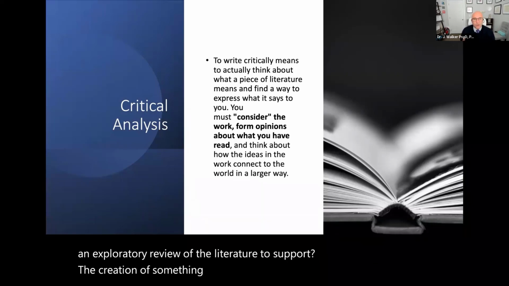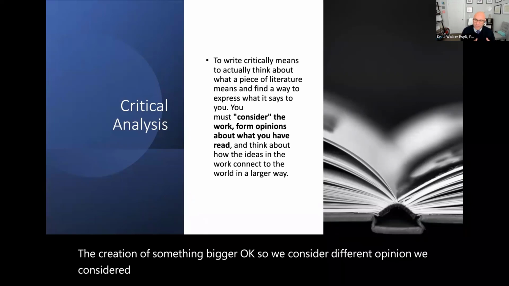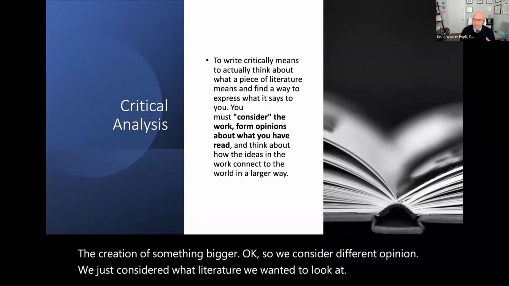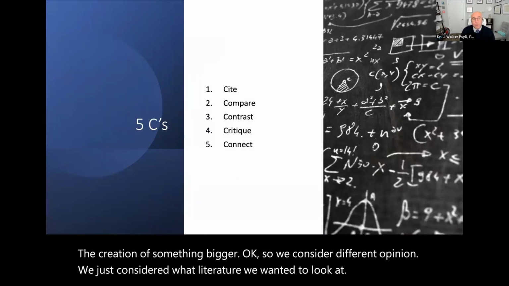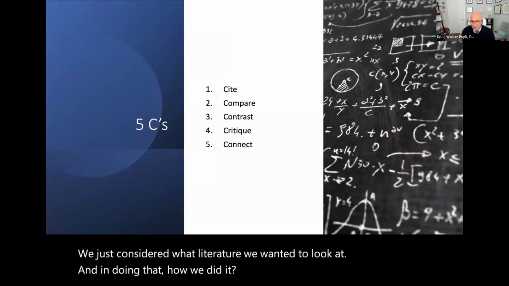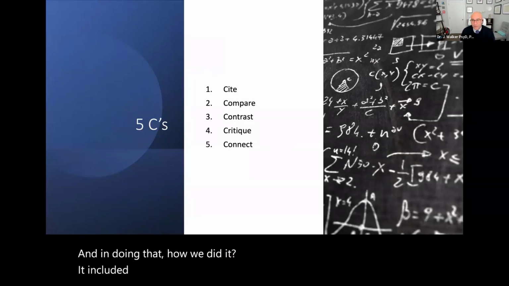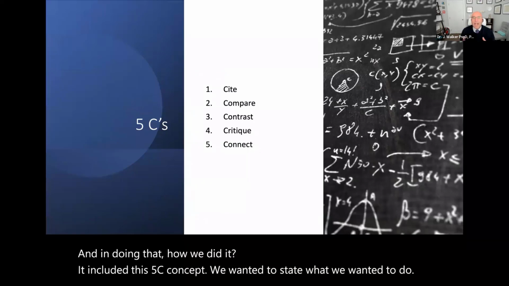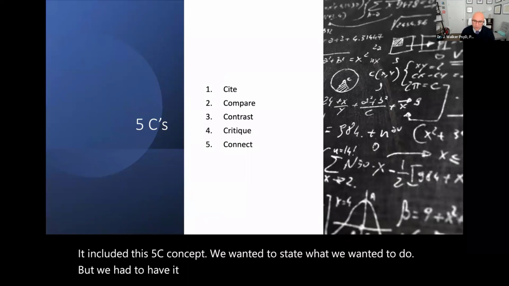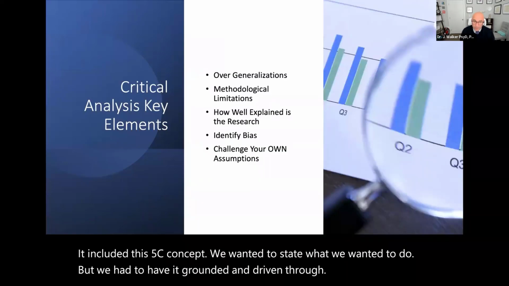So we considered different opinions. We considered what literature we wanted to look at, and in doing that, how we did it included this 5C concept, right? We wanted to state what we wanted to do, but we had to have it grounded and driven through the literature.